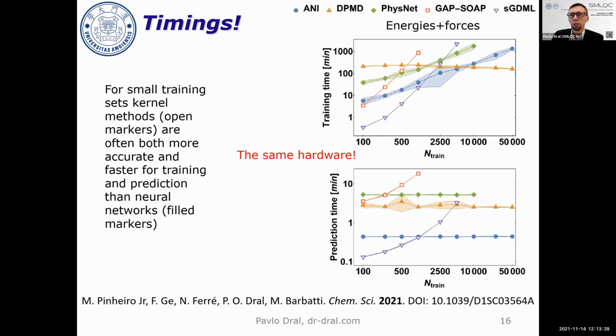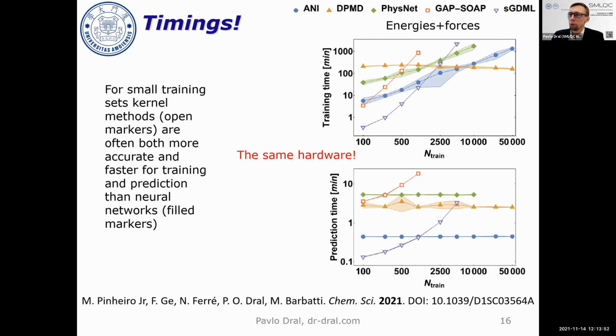And another thing is timing. We can learn everything with machine learning if we have enough data and if we spend lots of time trying to do it. The question is, is it worth doing it? In many cases, training a very good model will take you more human and computational resources than actually running pure quantum mechanical simulations.